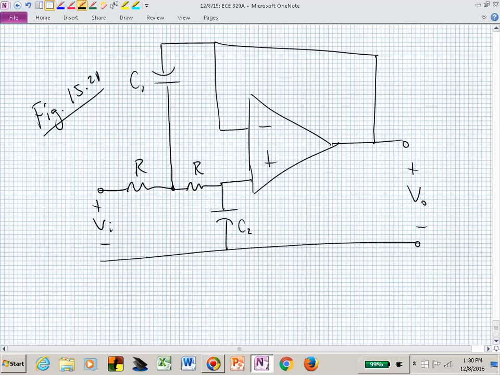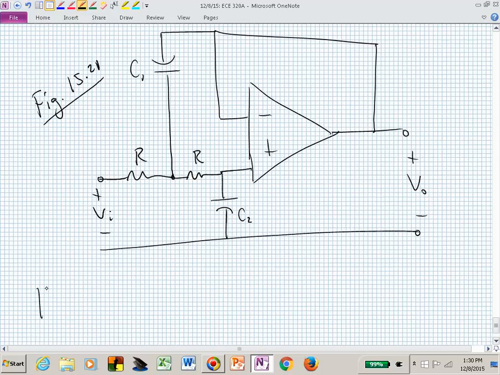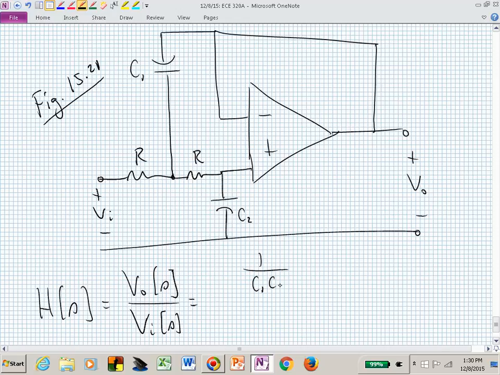What's that filter order? Second order. We have two energy storage devices. What's the transfer function, H of S? You should be able to derive this. Hint, hint. You could do some node voltage analysis to find this transfer function. If you did, you would find the numerator is 1 over the product of our capacitors.